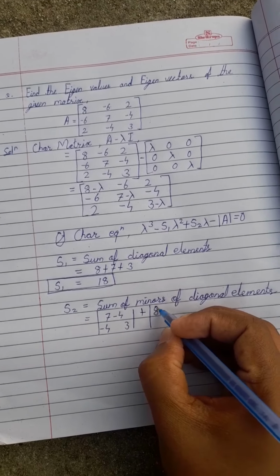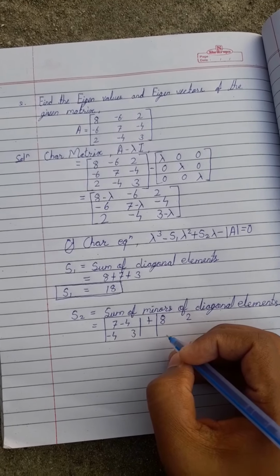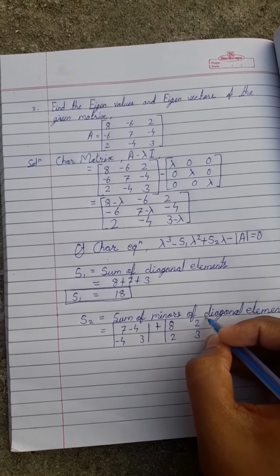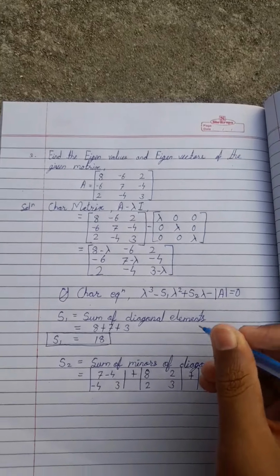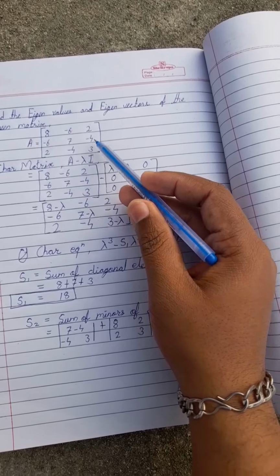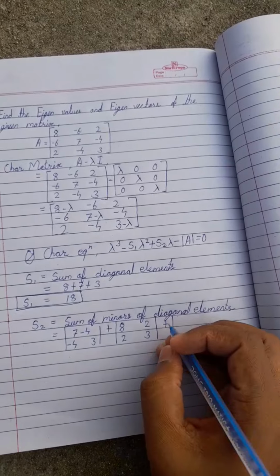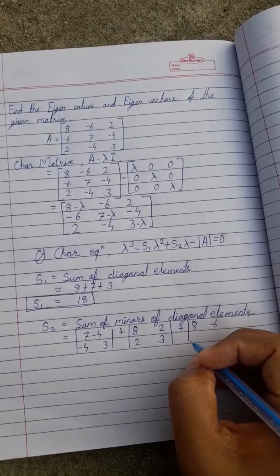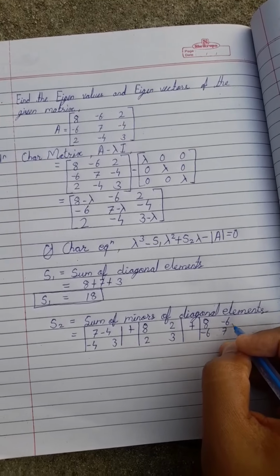So 8 and 2 and 2 and 3, plus the minor of our third diagonal element. For that we have to leave the third column and the third row. So 8, minus 6 and minus 6, 7.